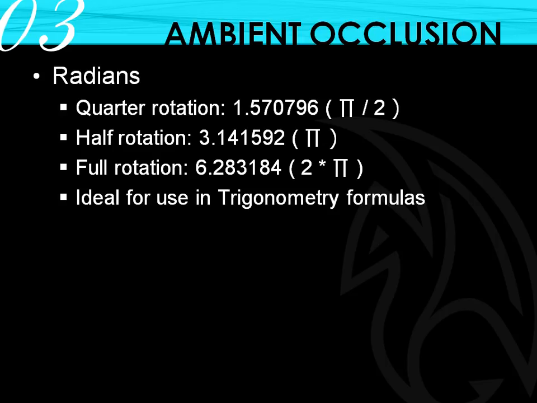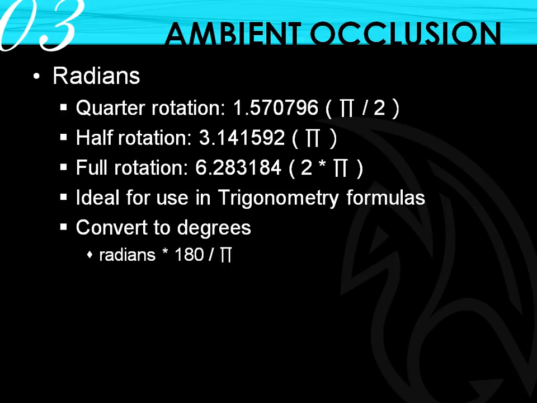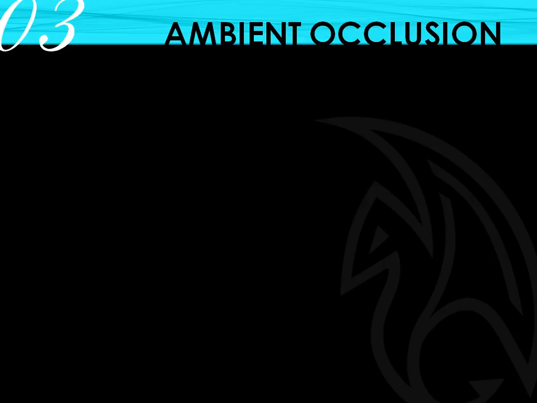So they're related, and it's important to understand how radians work. To convert radians to degrees, there's a formula here. It's very simple. The number of radians times 180 divided by pi. However, there is already a command in Maya called rad_to_deg, and notice the underscores. So rad_to_deg, you put in the number of radians, and it'll convert it to degrees for you.